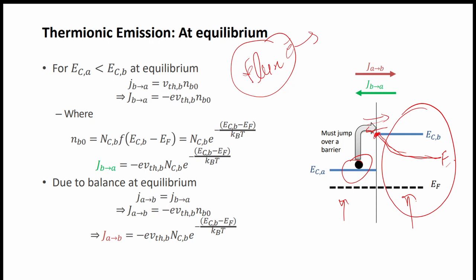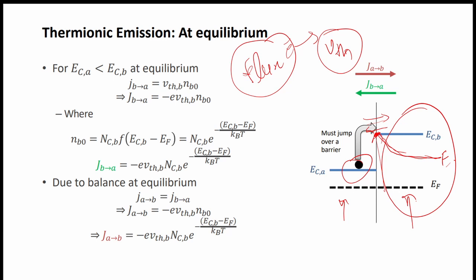At any point in a semiconductor, the electrons have a thermal velocity, so the flux will depend on the thermal velocity V_TH and the number of electrons at this position.